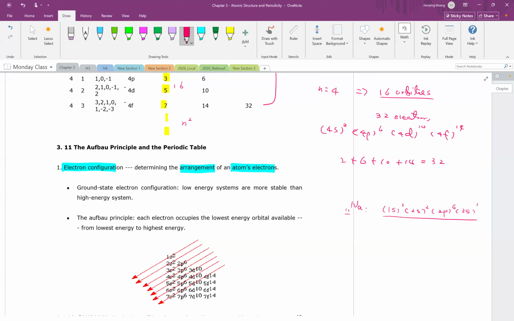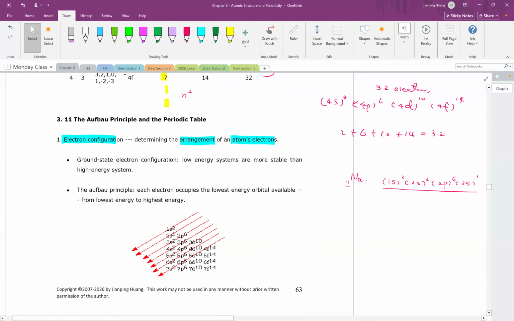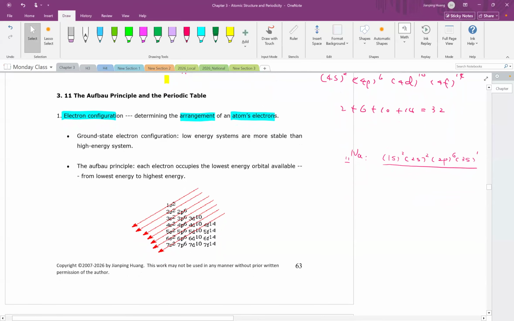Got it. It's so cool. Now you may say, no, I get totally lost. No worry, I'm going to teach you in a minute, okay? Can we move on? Let's move on. We are going to spend today and next week working on electron configuration, okay?